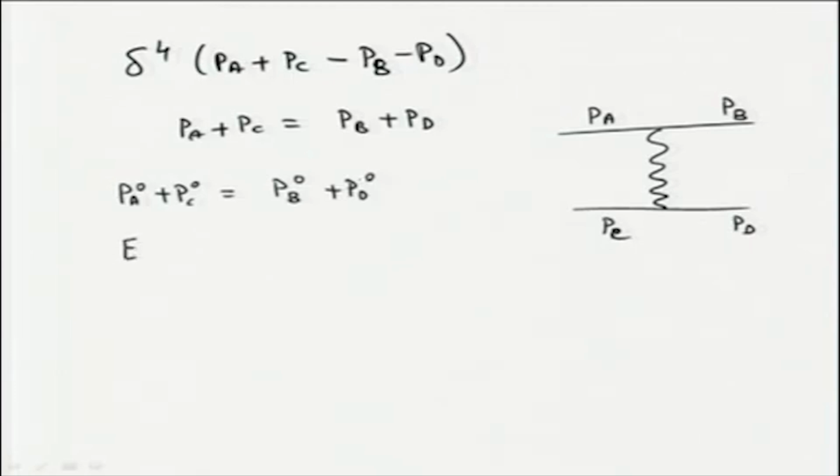Or essentially, this is the energy of particle A plus the energy of particle C is equal to the energy of particle B plus the energy of particle D. When I say particle D, I mean the corresponding particle in the final state, the second particle in the final state. This is basically that the sum of the initial energy is equal to the sum of the final energy. This is the statement of energy conservation.